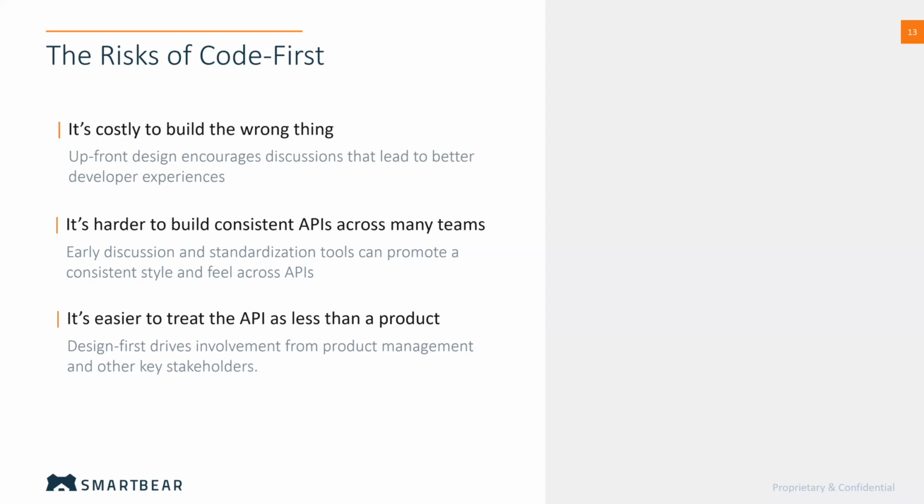The final risk of code first, which we've kind of alluded to, is that it's easier to treat the API as less than a product. Design first brings in the more business-focused users and stakeholders from the get-go, the people who might be more likely to view the API as a product.